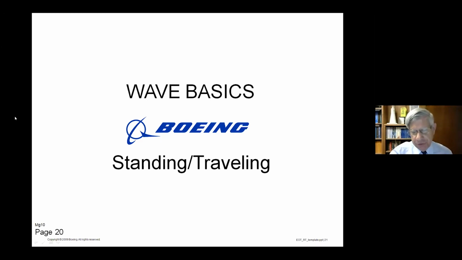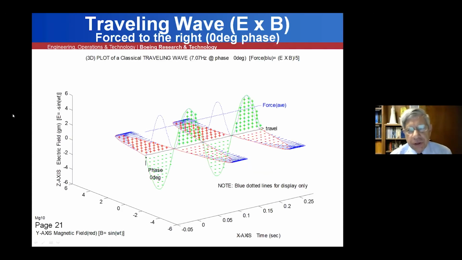I start with 0 phase, and we just do a few textbook type charts where you have the electric field on one axis, and then at 90 degrees, or orthogonal, you have the magnetic field. And when you do the vector product, E cross B, that generates a force.